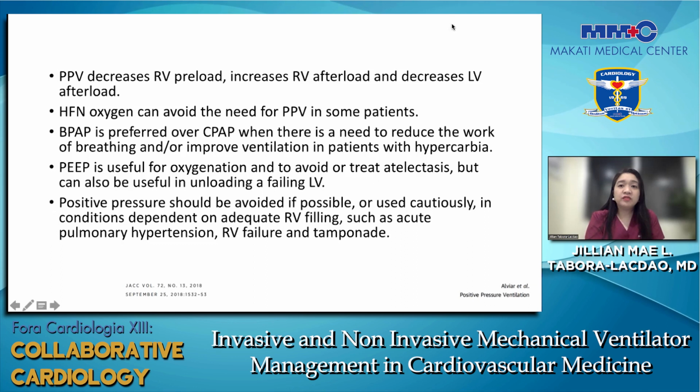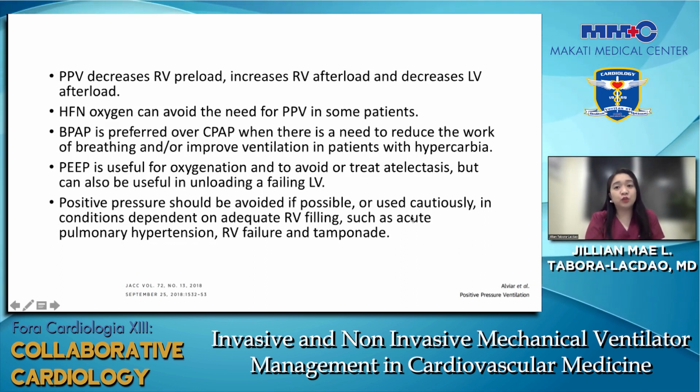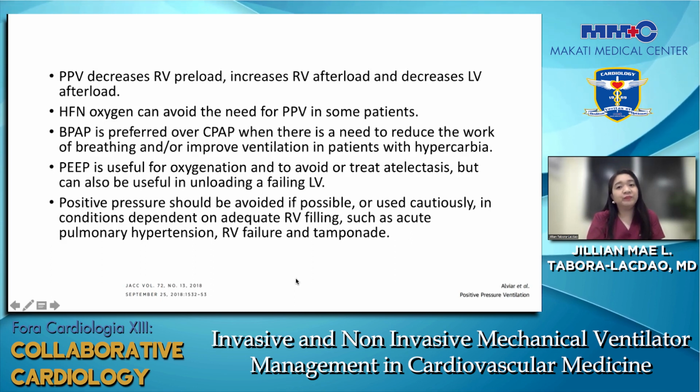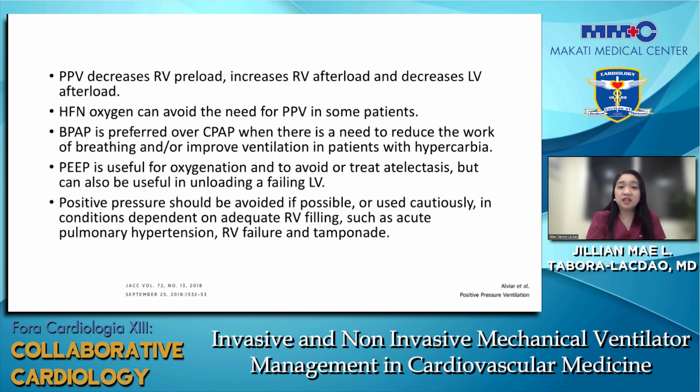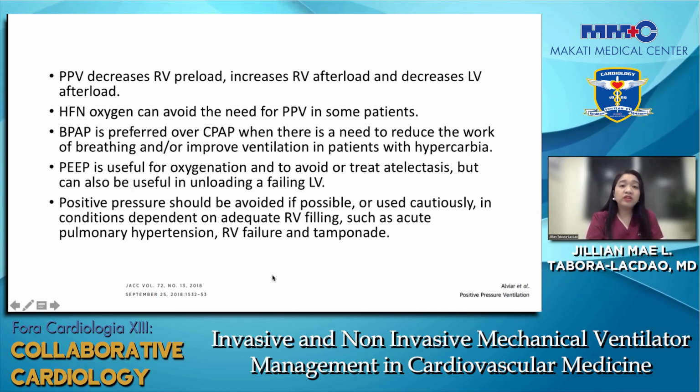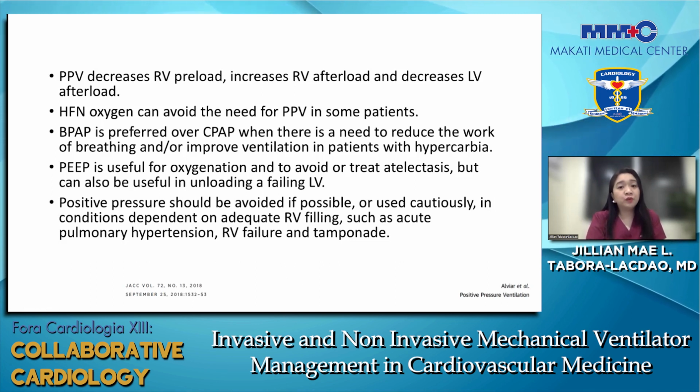So positive pressure ventilation decreases RV preload, increases RV afterload, and decreases LV afterload. High flow nasal cannula oxygen can avoid the need for PPV in some patients. BPAP is preferred over CPAP when there is a need to reduce the work of breathing and or improve ventilation in patients with hypercarbia.